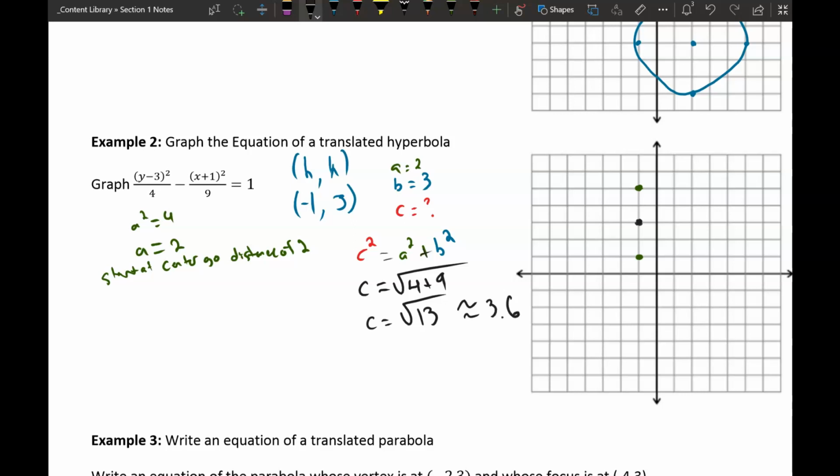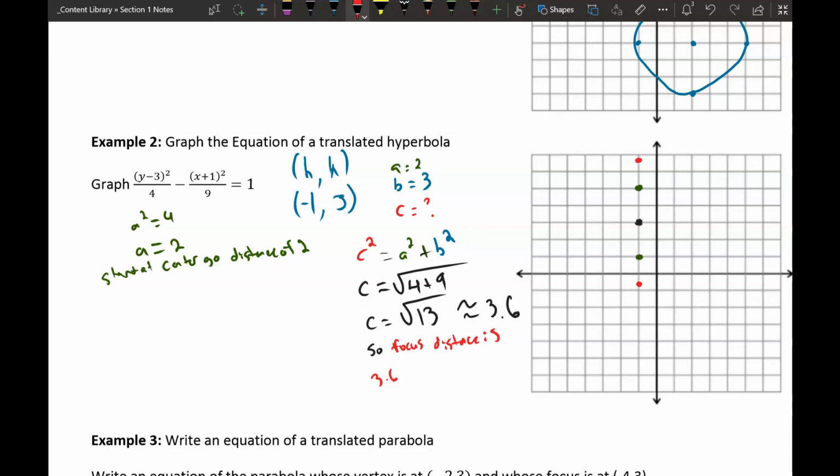And keep in mind that that is also the focus's distance from the center. So we go up 1, 2, 3 about here, and we go down from the center 1, 2, 3 about right there.